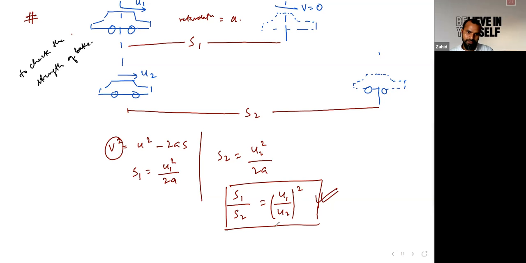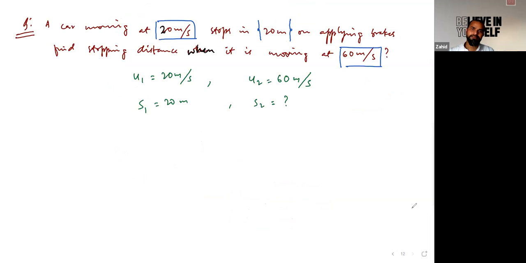Just put in all the values related to this part and try to obtain S2. As written in the question, you have to find the stopping distance, not the acceleration or the retardation of the motion.